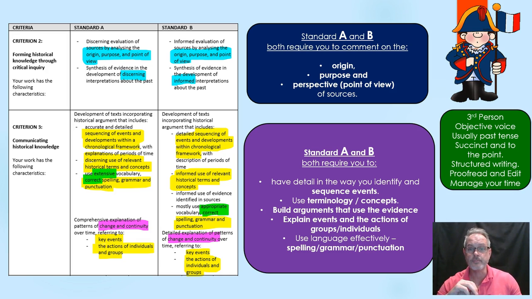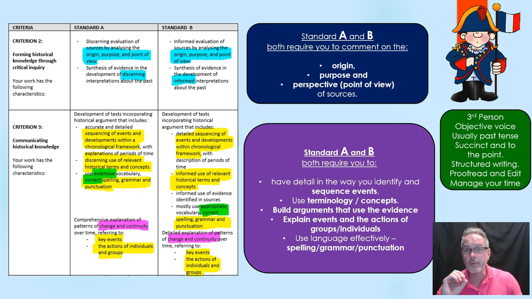Write in third person. Historians write in third person. It's part of our genre. Use an objective voice. You're not trying to sell us here. You're just trying to use the logic of your argument. So it's closer to scientific writing, legal writing. You're stepping us through your logic. You're not trying to convince us or talk us into things.